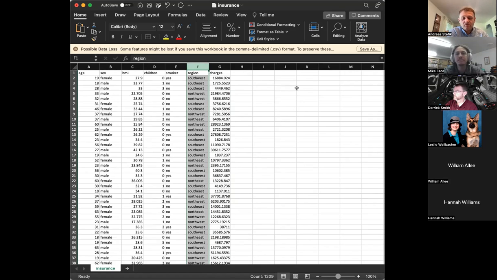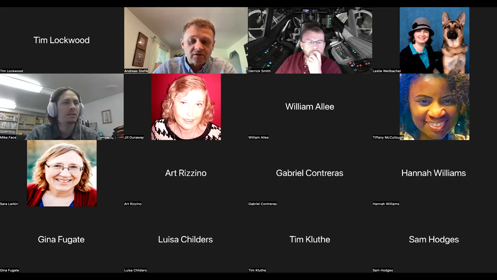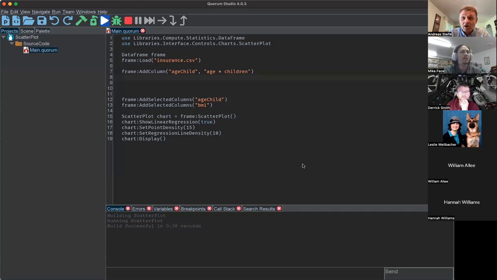And when we showed these earlier, there was one person, I think it was Louisa, who had a hypothesis that the people in the Southeast region seem to have a higher BMI, which I sort of thought might be true as well. And I think Derek mentioned that as well. So one of the things that we can do inside of coding is we can add these not as a column, but as a factor.